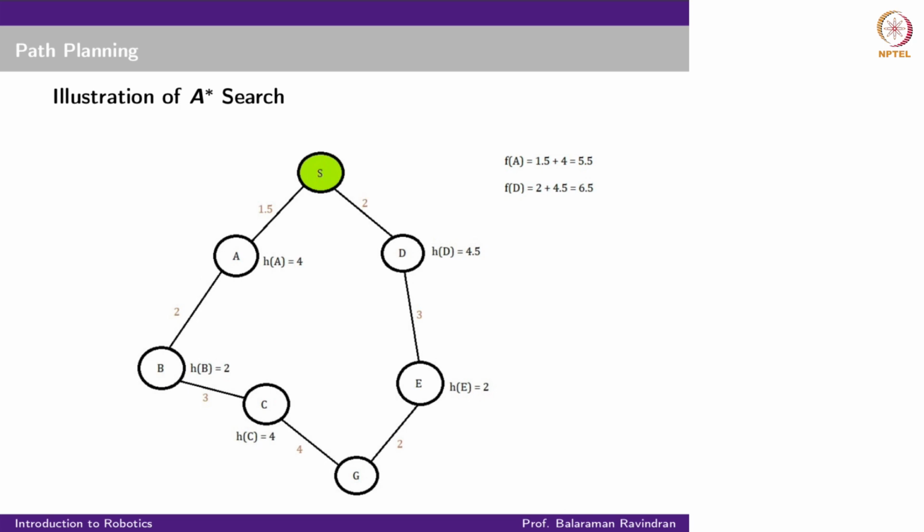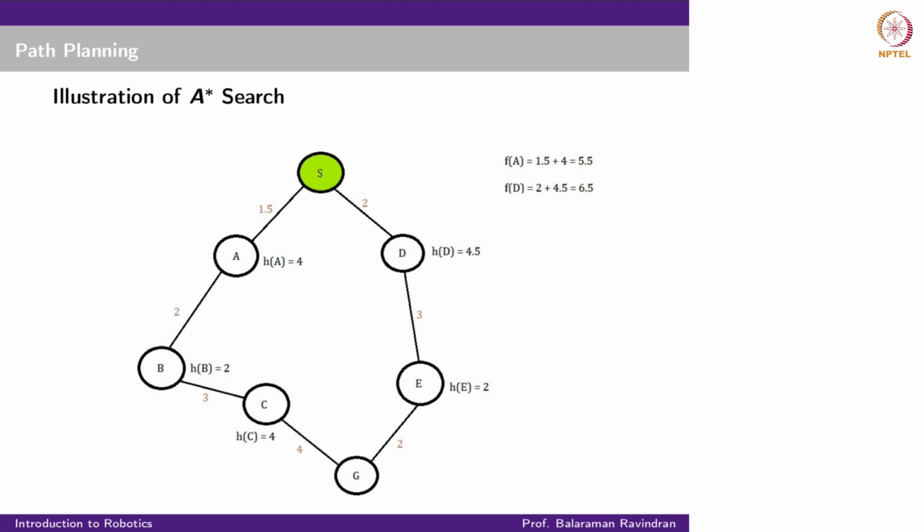Remember that the H is actually an underestimate, only then it is an admissible heuristic. If you think about it, the distance from D to the goal is actually 5 on the graph, and we don't know that yet. If I know the shortest path, it is easy. But then my heuristic says it's only 4.5. Likewise, the distance from A to the goal is certainly much larger than 4, but it's okay because it's still an admissible heuristic.